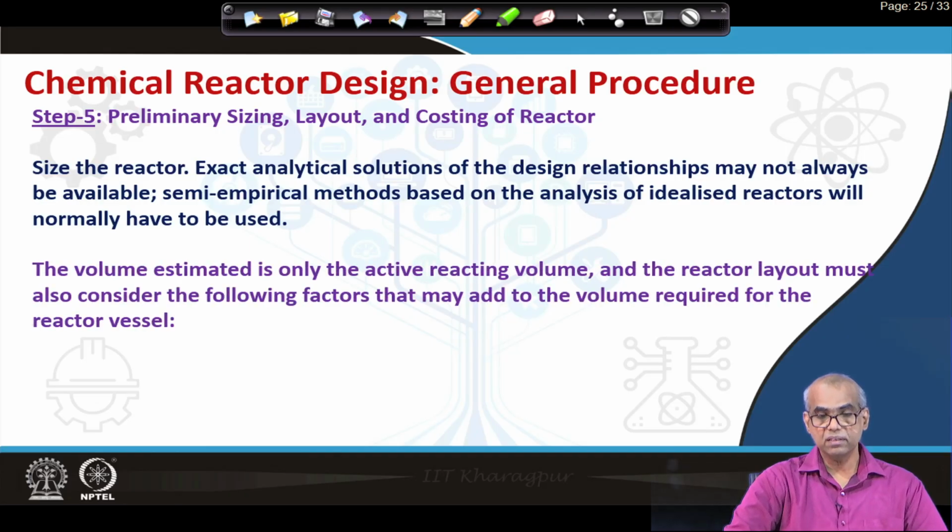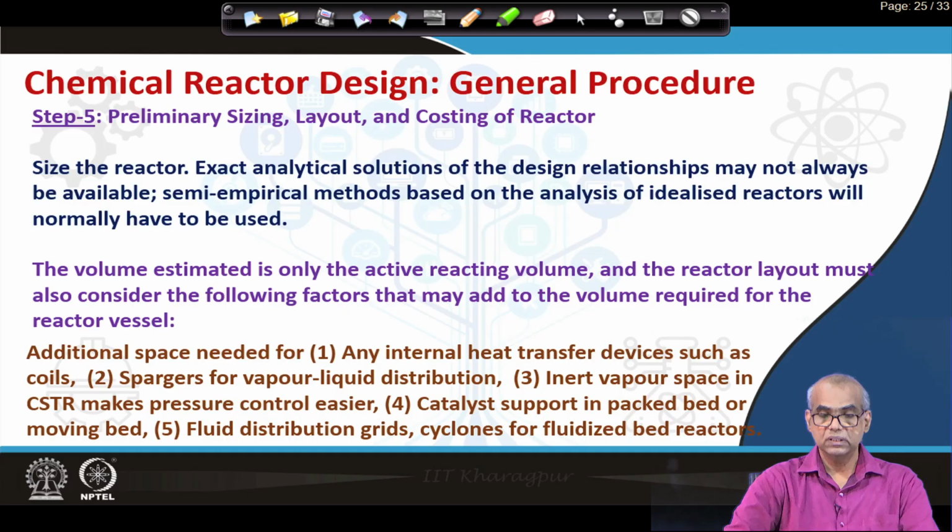The volume estimated is only the active reacting volume, and the reactor layout must also consider various factors that may add to the volume required for the reactor vessel. So, what are those factors?